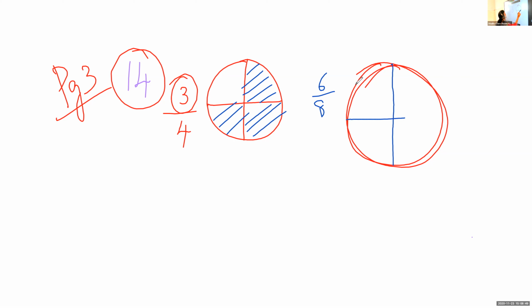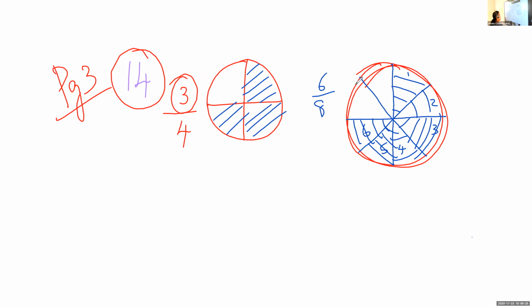First you will divide into 4 parts and then make it 8. Now from this, children, we will start again. 6 parts you have to shade. 6 by 8. So 1, 2, 3, 4, 5, 6 parts. How many parts do you have to shade? 6 parts. So this is 6 by 8.